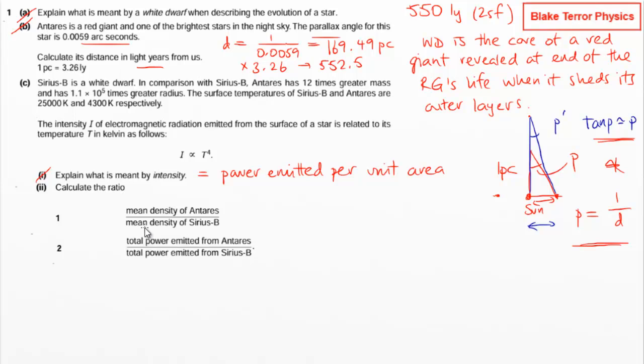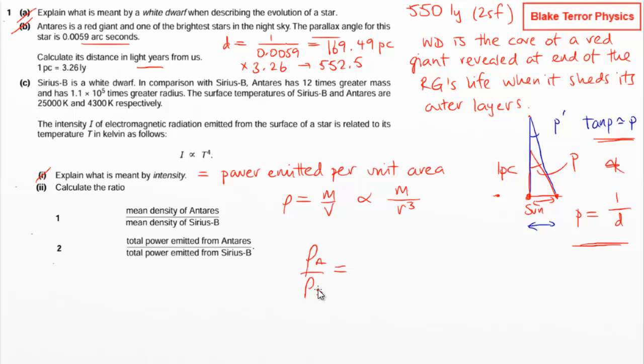Calculate the ratio of the mean density of one divided by the other. Our density is mass over volume, which means it's proportional to mass divided by r cubed. So if we're doing density of Antares divided by density of Sirius B, have they done them all relative anyway? 12 times greater mass, so we don't even care.